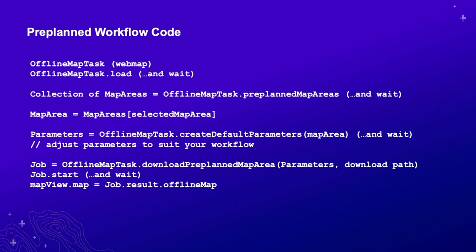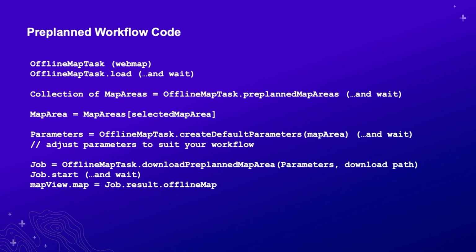You load it, wait for it to load. You can then ask the offline map task for its pre-planned map areas. You wait for these to be downloaded to you. That's just the metadata about the areas. Once you've got that, you can take the map offline.